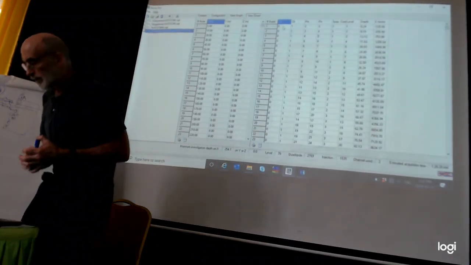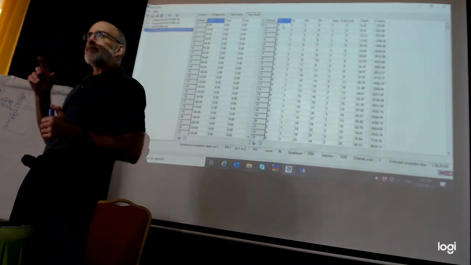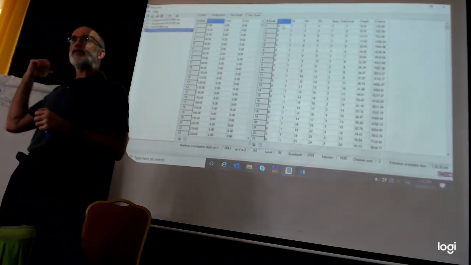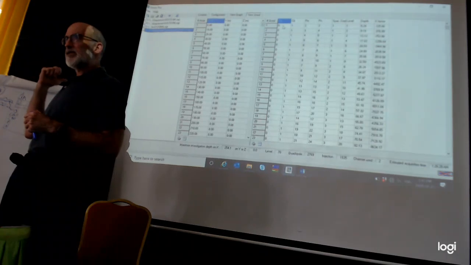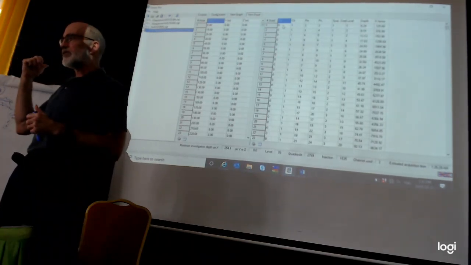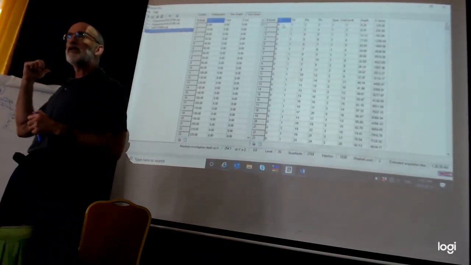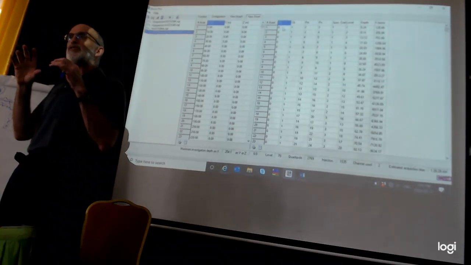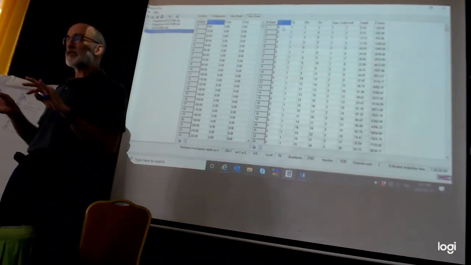Using the data file that we took the other day, I'm forgetting the name now, GTI, was not converted properly by Process.